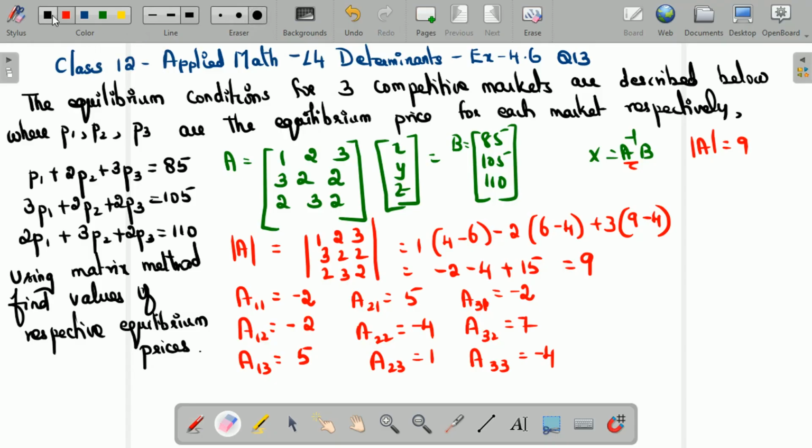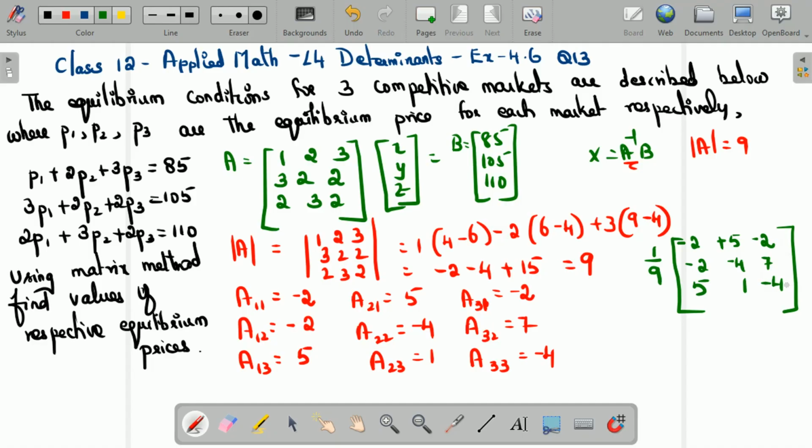Now let's compute the adjoint matrix. So adjoint is going to be the transpose of the cofactor matrix. I'm writing it along with the determinant value. So 1 by 9 of minus 2, 5 and minus 2, then minus 2, minus 4 and 7, then 5, 1 and minus 4.